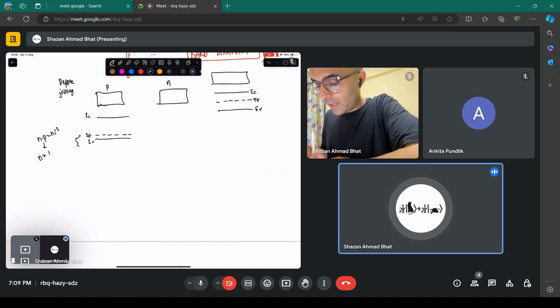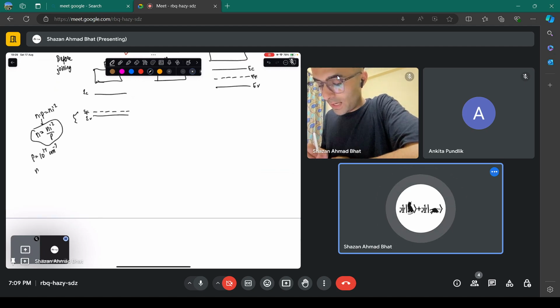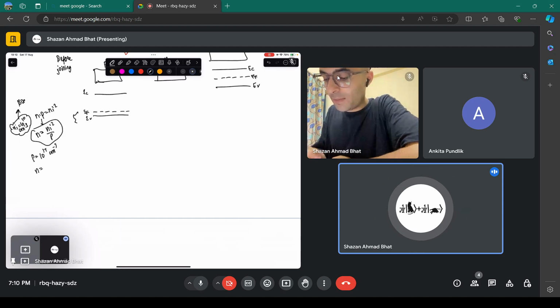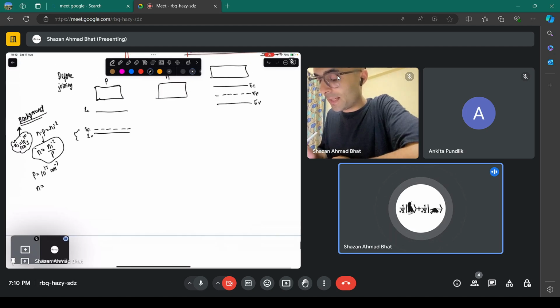You can compute n as ni squared divided by p. If, let's say, p is 10 to the power 17 per centimeter cube, and ni is 10 to the power 10 per centimeter cube, the intrinsic concentration is the background concentration, the background number of electrons and holes, which was already present inside the system.